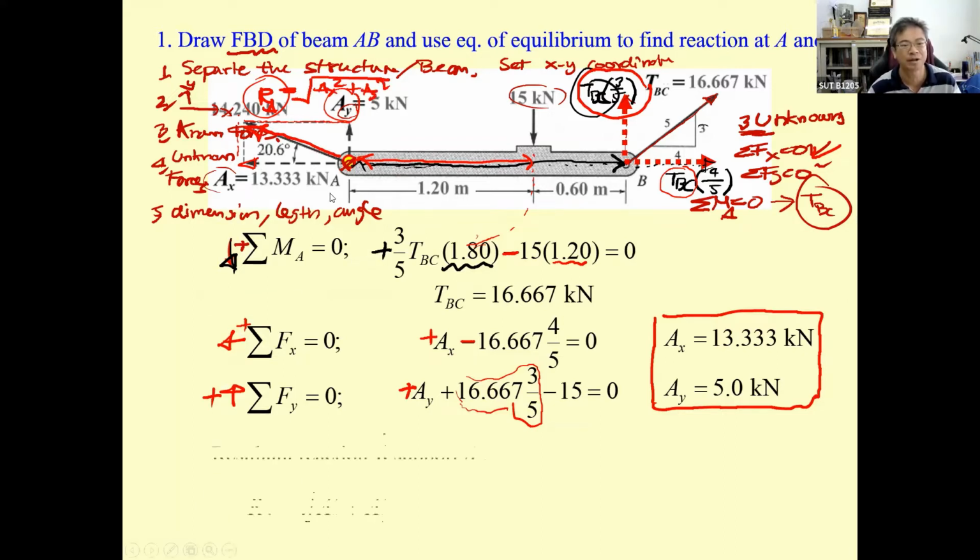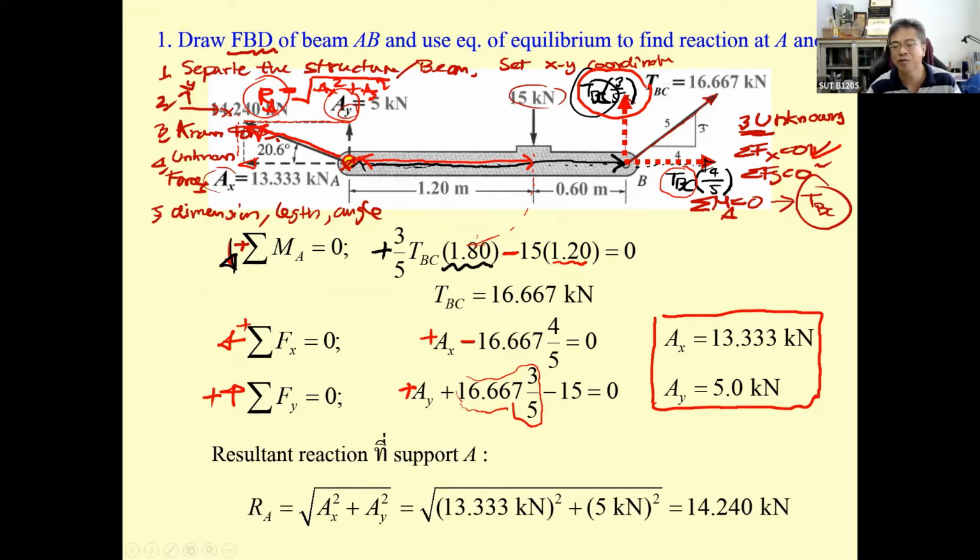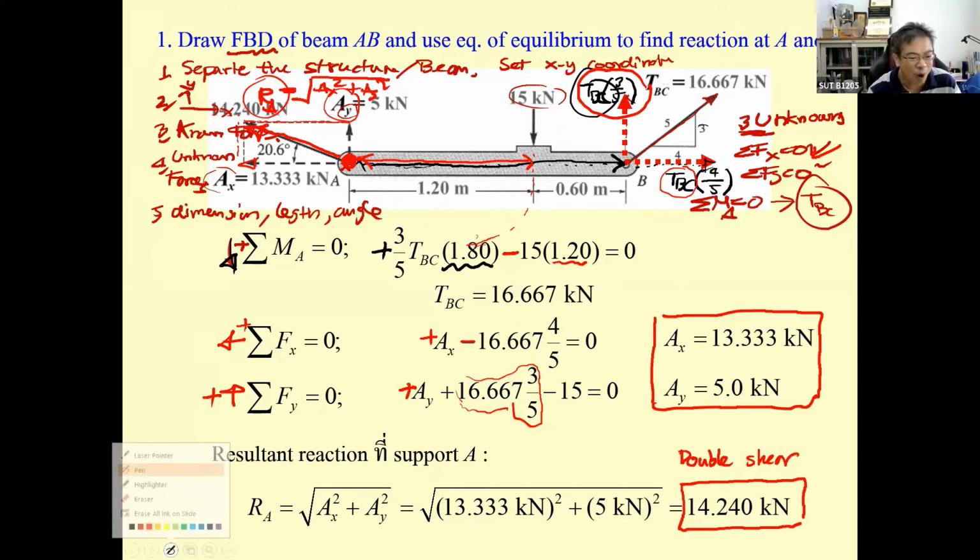Just put them together, okay, you get the resultant force. And again, this R sub A will act on the pin at A with double shear, and at point B here, there is this force that acts on the pin at B as single shear, okay?